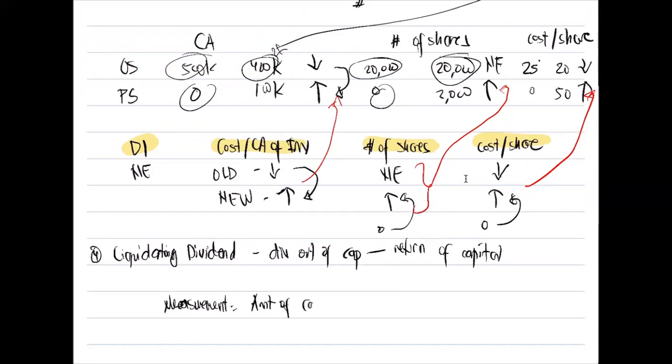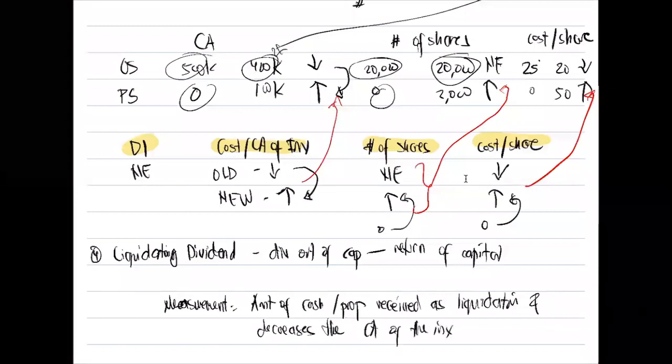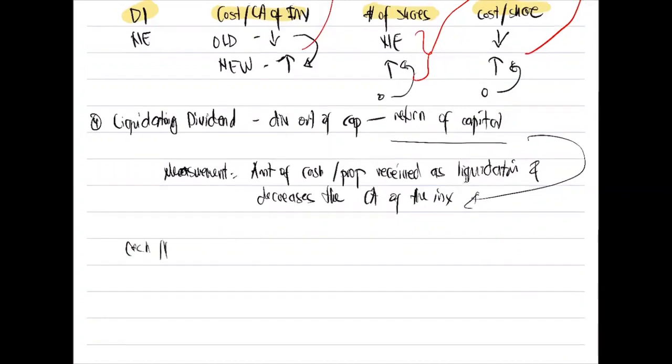It is measured at the amount of cash or property received as liquidation, and it decreases the carrying amount of the investment. So why does it decrease the carrying amount of your investment? Because again, this is a return of capital. Unlike a pure cash or property dividend, what is the entry again?